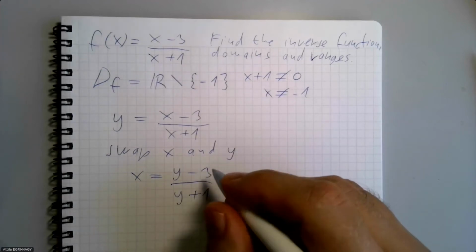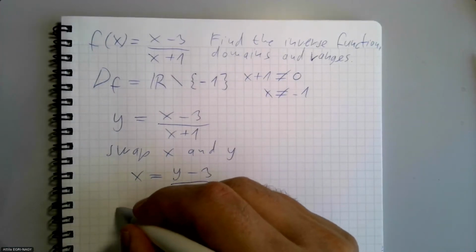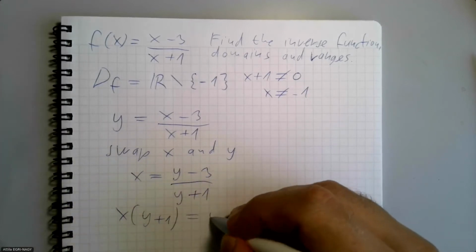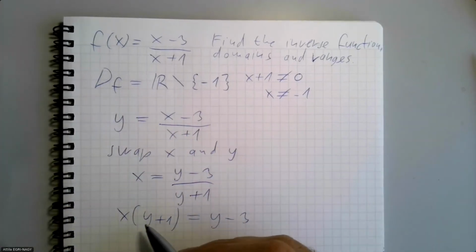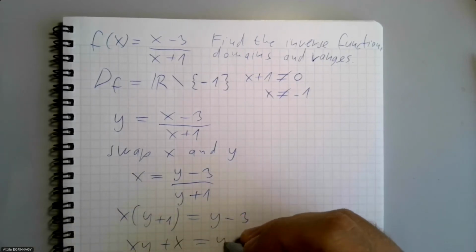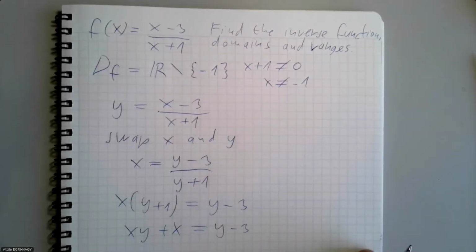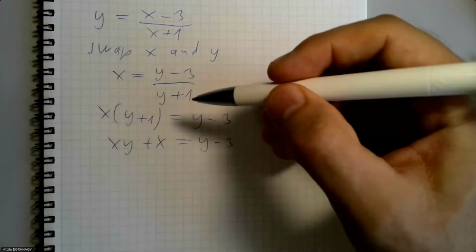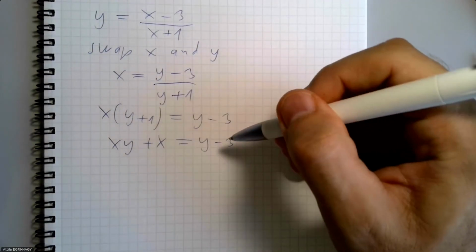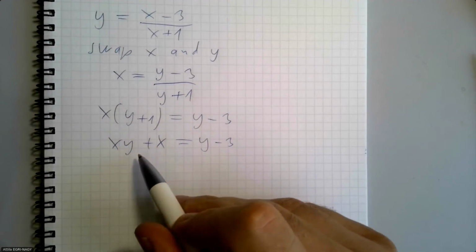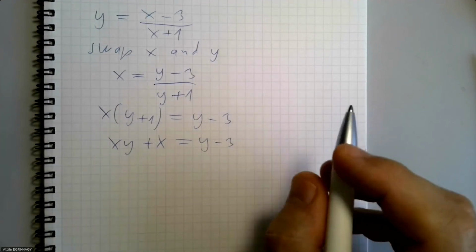Okay, so how to do this one? Well, this would be x(y + 1) = y - 3. So now I have xy + x = y - 3. And what we want to do is express y as the function of x. So I have to get all the terms that have y in them.